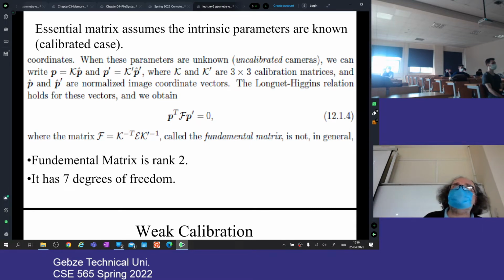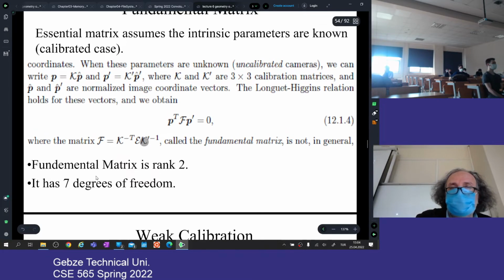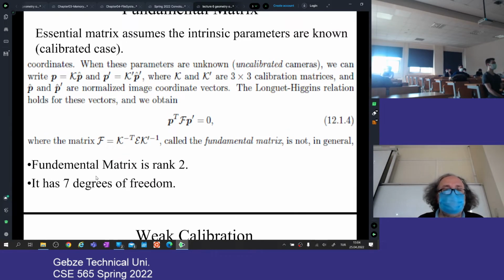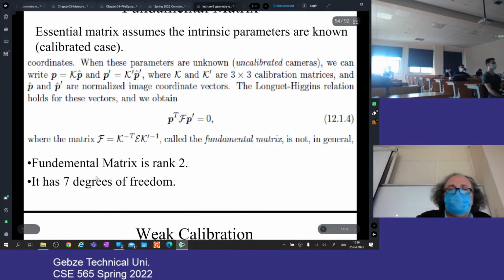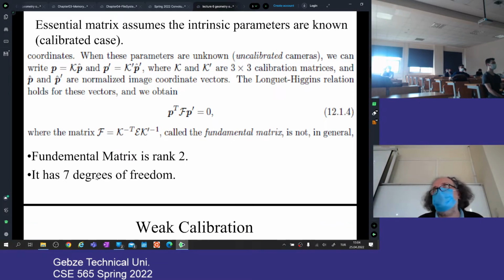The essential matrix has inside 5 parameters. Remember, rotation plus the 2 degrees of freedom for the direction. And inside this F now I have this K and the other K, many numbers, but it looks like this F matrix, the fundamental matrix, is not a full rank matrix.